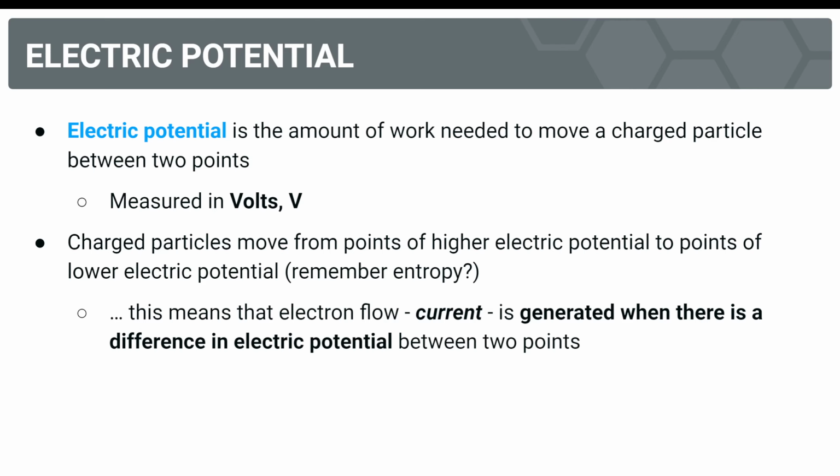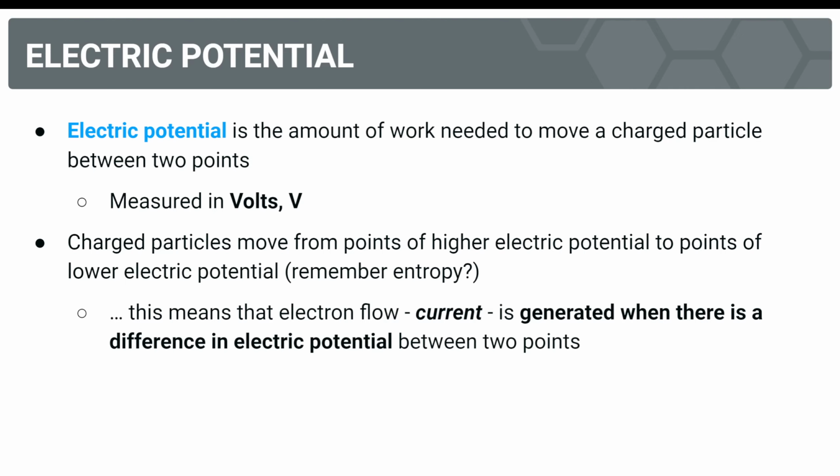It's going to move from the point of higher electric potential toward the point of lower electric potential. Why? Well, remember that concept of entropy. Nature favors systems with higher entropy, where energy is more dispersed. If that charged particle moves from a point of higher electric potential to lower electric potential, energy will be expended and dispersed in the system.